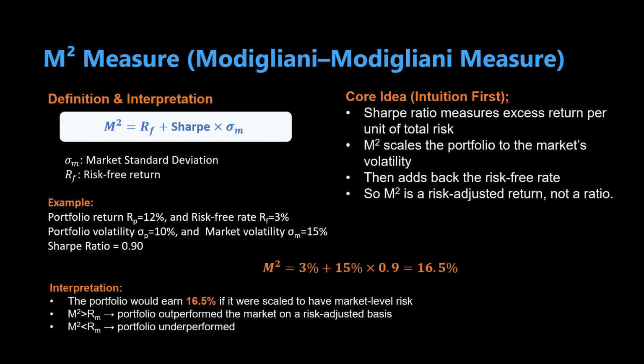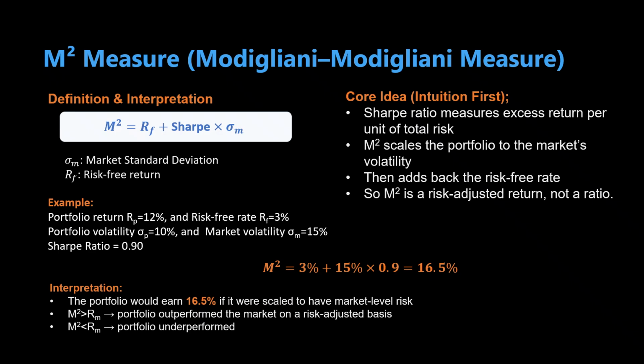The M-squared measure was developed by Franco and Leah Modigliani, both of them Modigliani, and that's why this measure is sometimes called Modigliani. It takes the logic of the Sharpe ratio and converts it into an intuitive, directly comparable return figure. The core idea is: what return would this portfolio have earned if it had been scaled up or down to match the market's level of total risk?